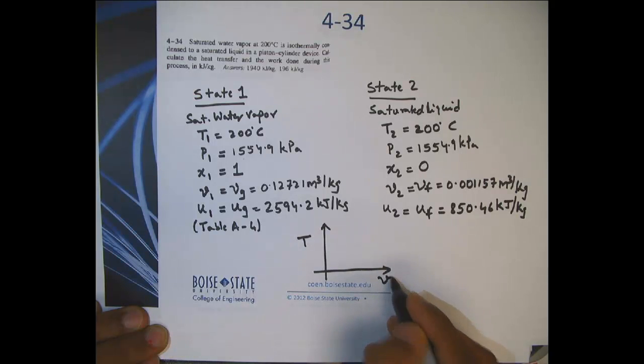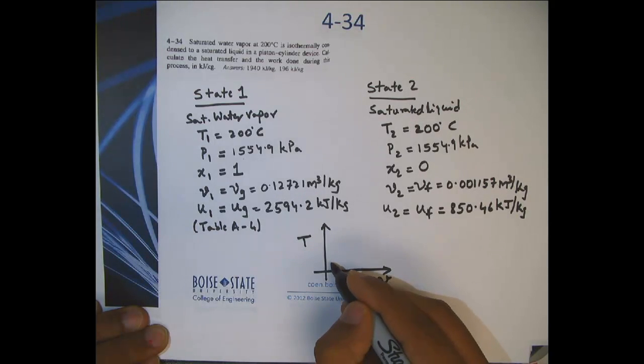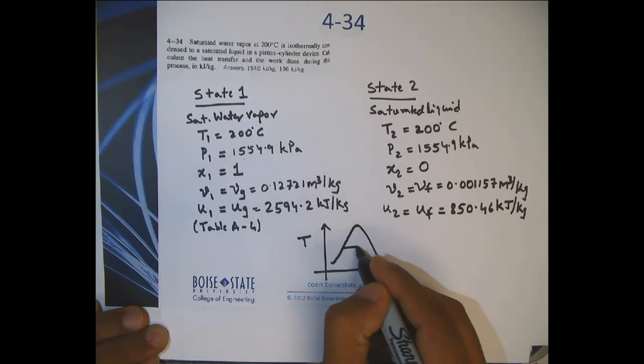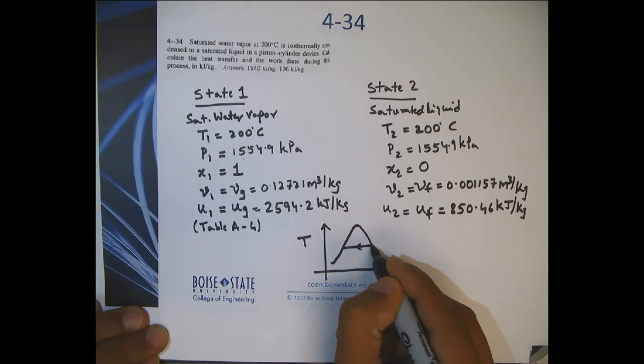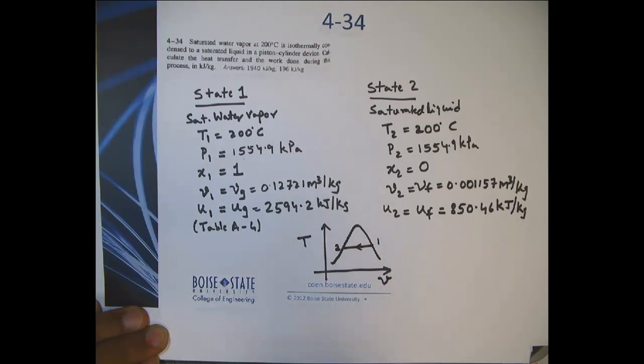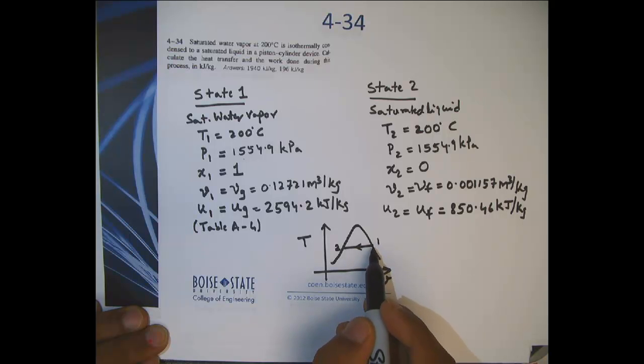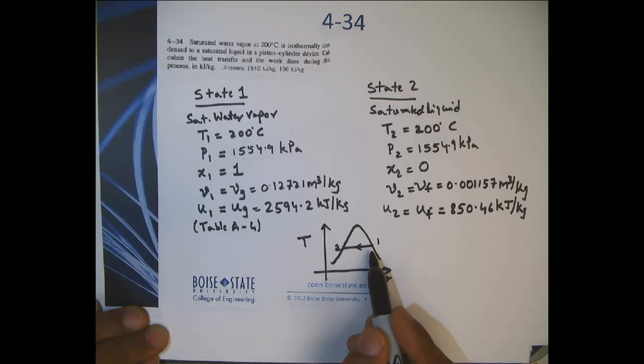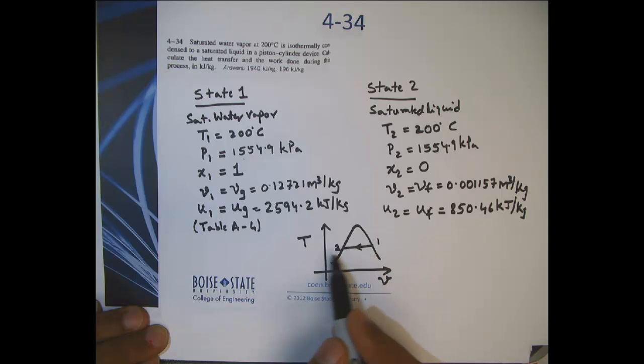If I were to plot the data on a TV diagram, you see that at state 1 we have a saturated water vapor, and the quality here is 1, and then it's condensed to saturated liquid, so the quality is 0, and the horizontal line implies that this is an isothermal process. So this is how you would represent it on a TV diagram. Okay.